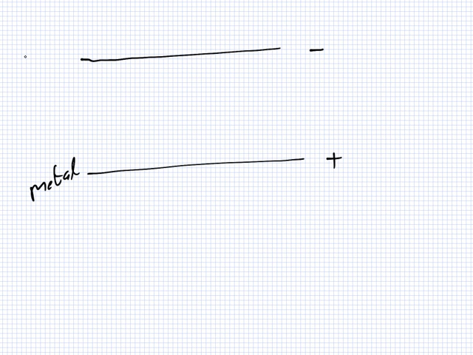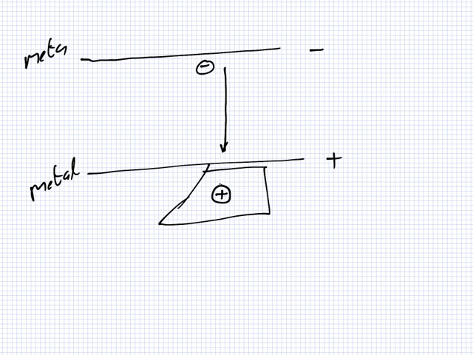Well, what I'm picturing here is you have a negative plate and you have a positive plate. So this is maybe some kind of metal, obviously, and this is metal here. And an electron leaves this plate and fires down. And when it gets to the plate, we picture maybe there's a proton.